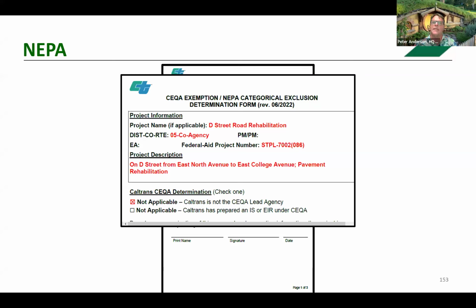If there's work outside of it, the environmental document is no good. This project will be rejected back to the local agency. So our scope is rehabilitate D Street from East North Avenue to East College. That's as consistent as you can get.